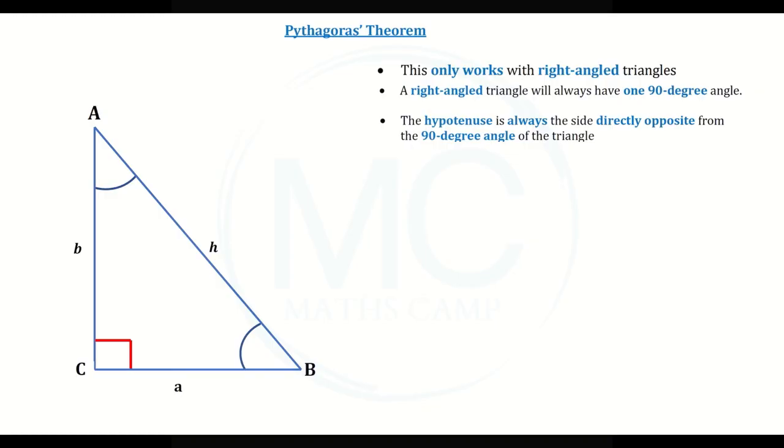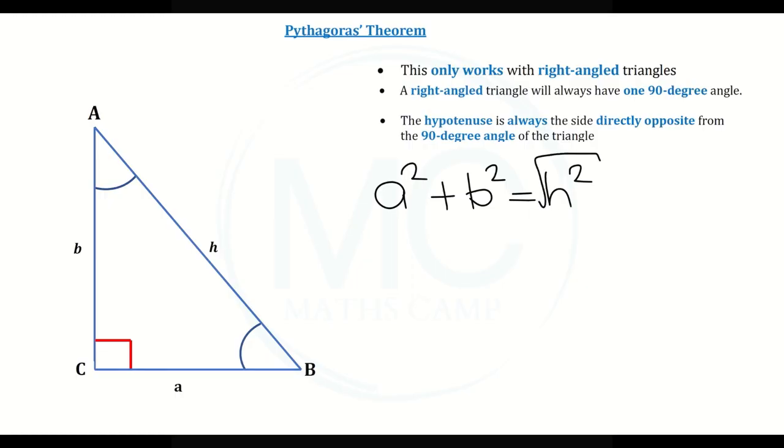Now, Pythagoras' theorem states that if you take side a, square it, and add the square of side b, you will get the square of the hypotenuse. But the square of a length doesn't help us. So to find the length of the hypotenuse, h by itself, we need to square root.